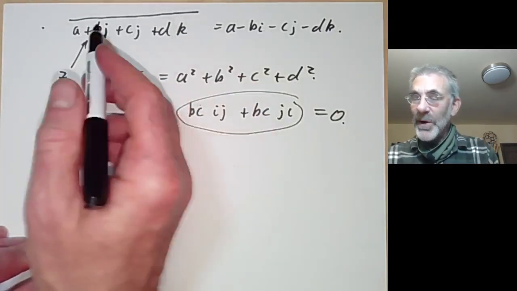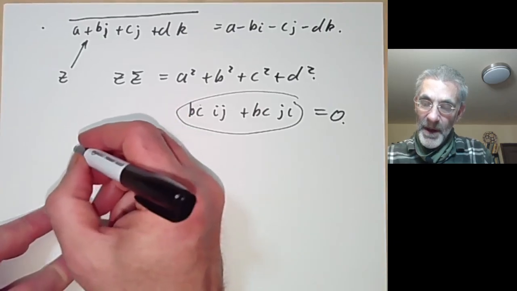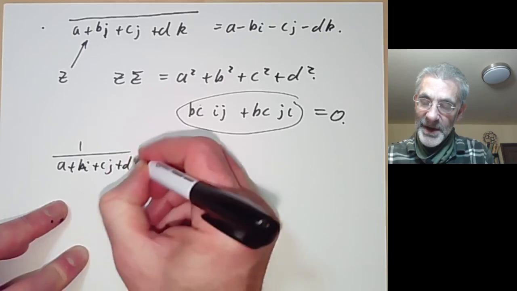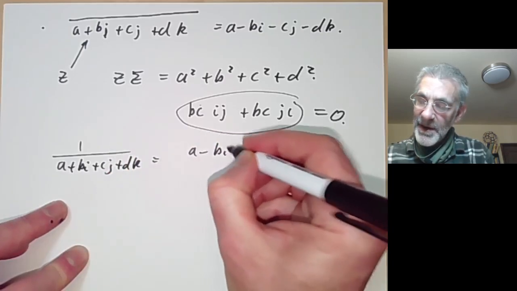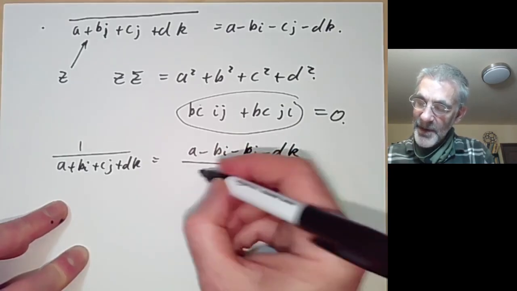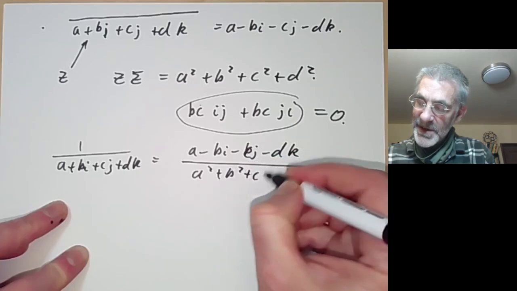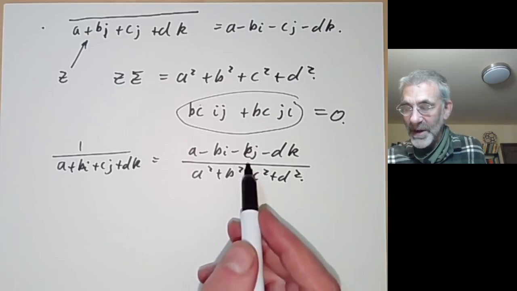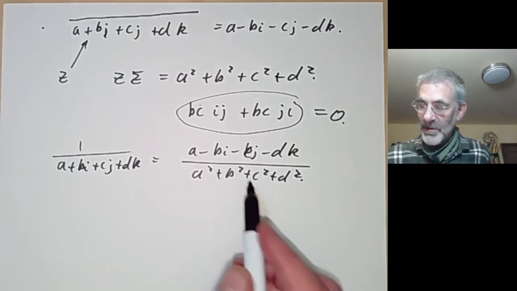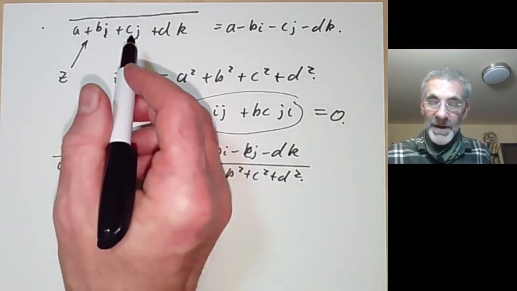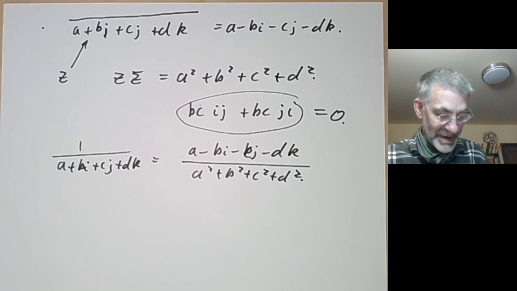And so we can now work out the inverse of the quaternion: 1 over a plus bi plus cj plus dk is equal to a minus bi minus cj minus dk divided by a squared plus b squared plus c squared plus d squared. So this is just like finding the inverse of a complex number, except more so. And you notice that the denominator is non-zero for all non-zero quaternions. So all non-zero quaternions have inverses.